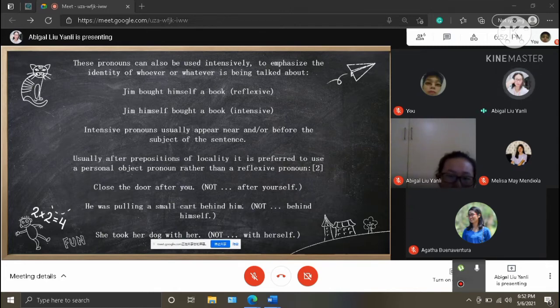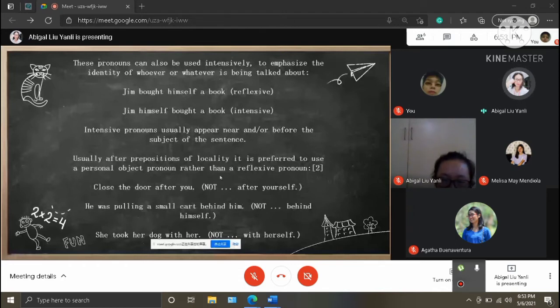Intensive is Jim himself bought a book. Intensive pronouns usually appear near or after the subject of the sentence. It is preferred to use a personal object pronoun rather than a reflexive pronoun after prepositions of locality.